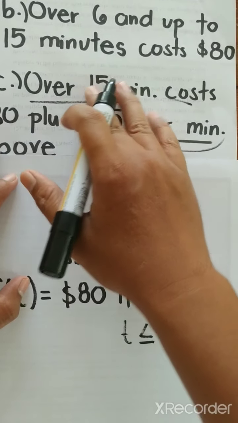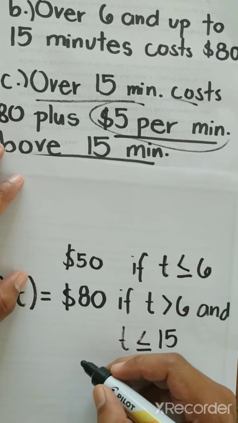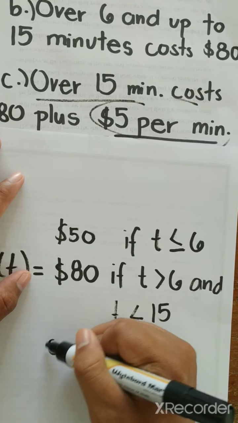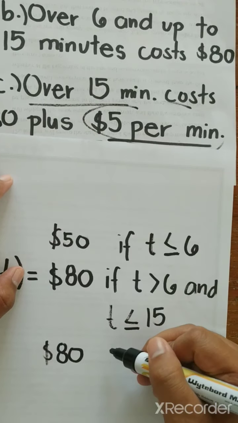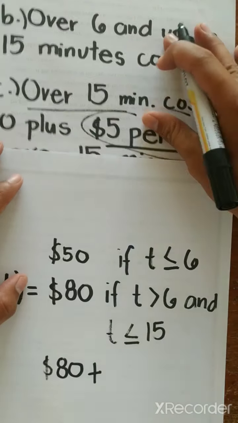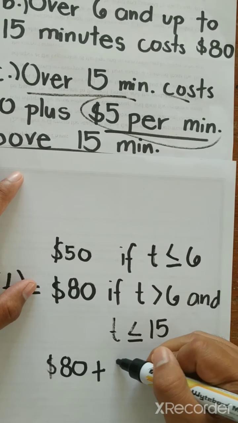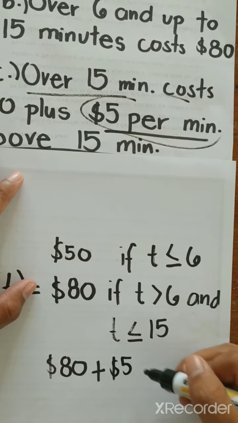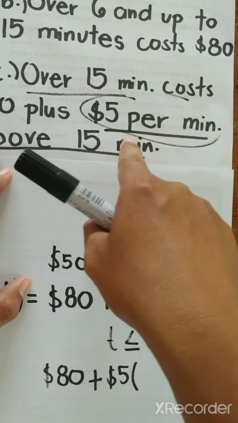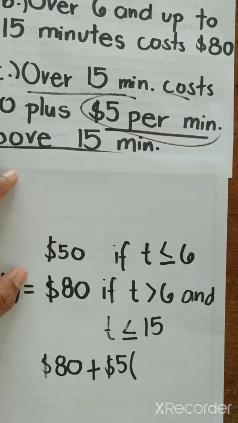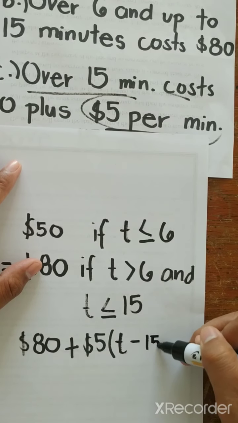So here in this one, if it is over 15 minutes, it costs $80 plus $5 per minute. So when will that be per minute? When it is over 15 minutes. So it should be denoted by t minus 15.